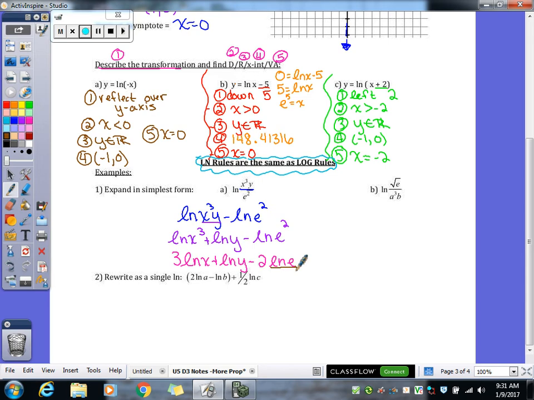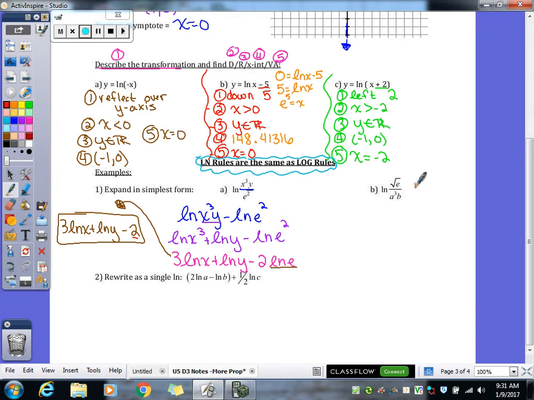So our final answer for this one, I'll write it over here, would be 3 ln of x plus ln of y minus a 2. Just like before with our logs, you always have to evaluate it if you can, and making it a 2, because it was 2 times the 1.